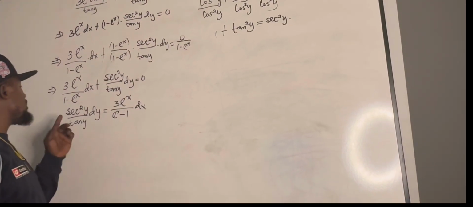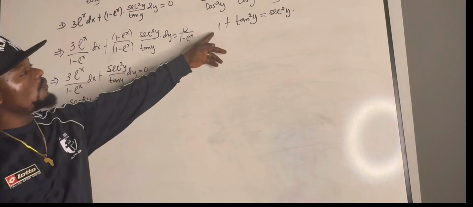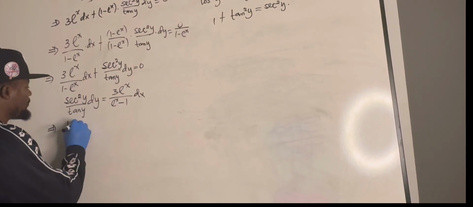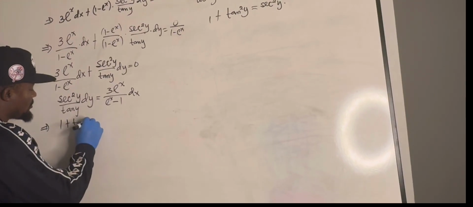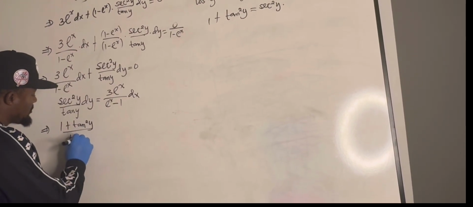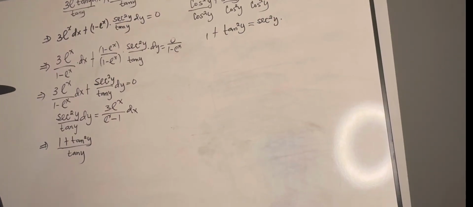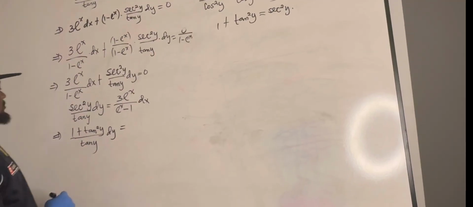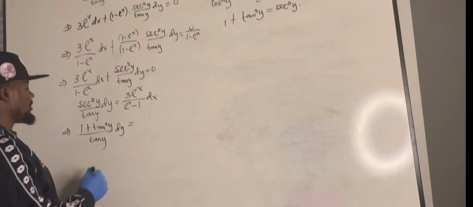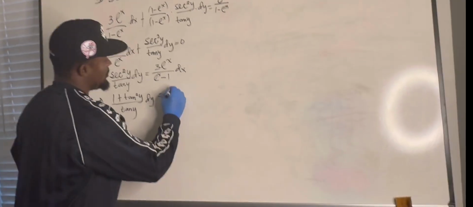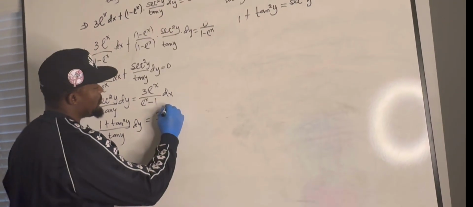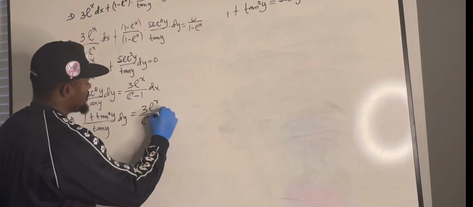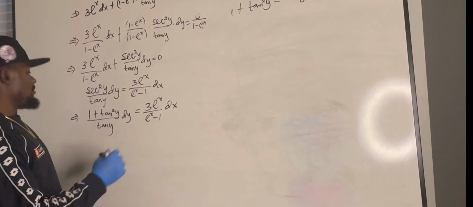Now, it means instead of sec squared y, I can write 1 plus tan squared y. Meaning I can write (1 plus tan squared y) divided by tan y, so that everything becomes tan squared y over tan y. No sec squared anymore. 3e^x divided by e^x minus 1 dx. Remember this rule.